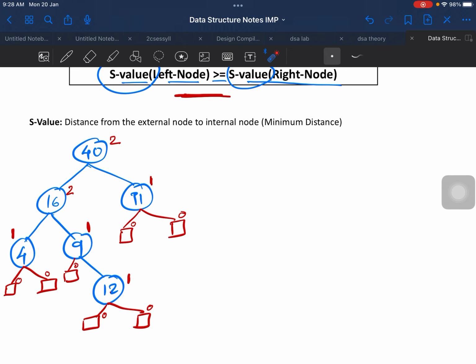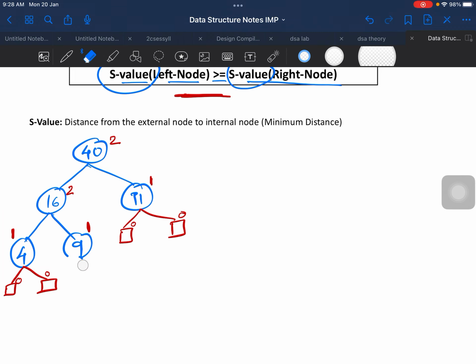Now guys, what can we do here so that this tree becomes a leftist tree? What changes can we make? For that, I will change the location of this 12th node. The 12th node is currently a right node, so I will make it a left node.